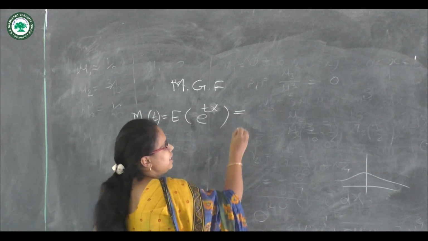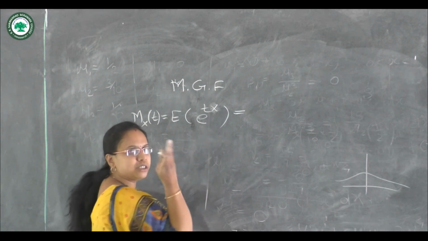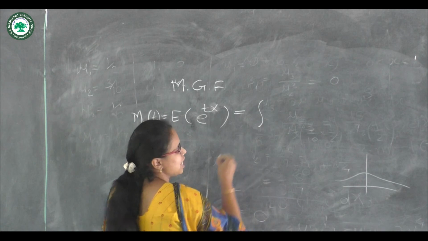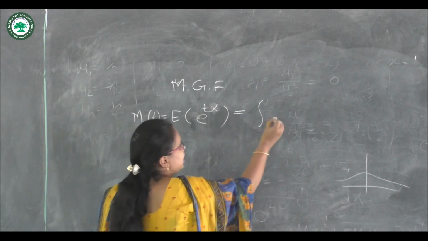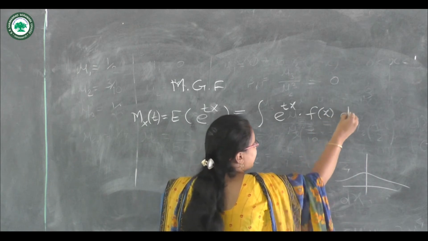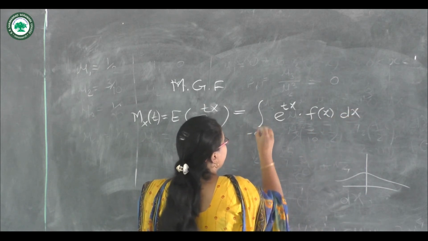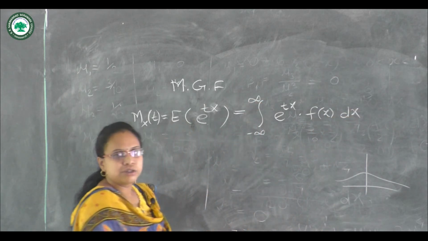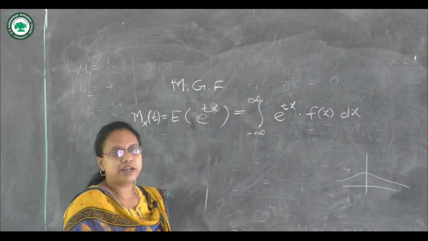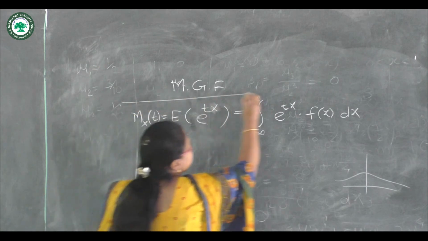And we can find out by using the expectation of function of random variable. That's why we can solve this as integration e raised to tx into f of x dx over this range, provided this integration exists.